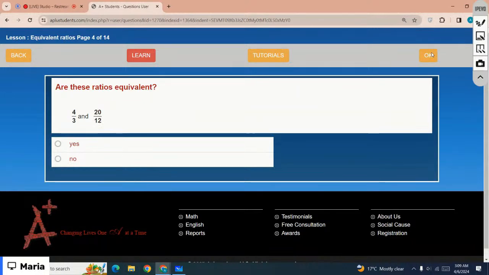You have to cross multiply them. If their products are not equal, that means they are not equivalent. The correct option is no.